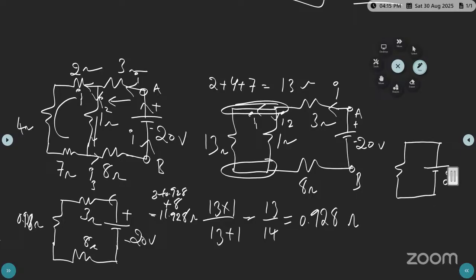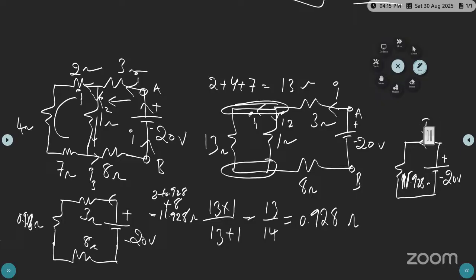As a 20 volt source, plus and minus, with a 11.928 ohm resistor. Now a single resistor is there, a single voltage is there. What is the value of current now?